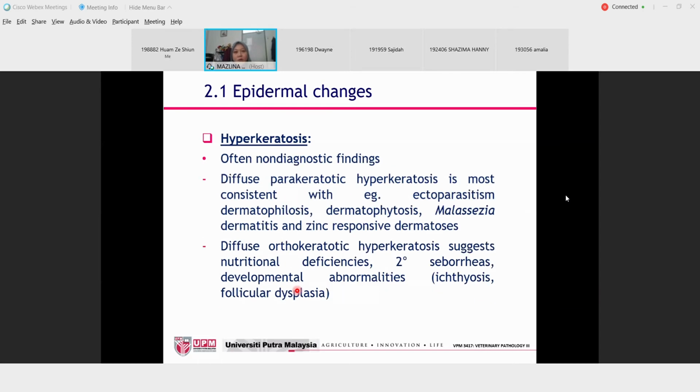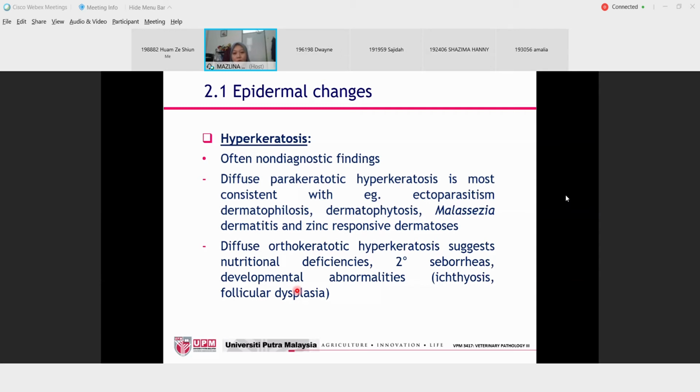Hyperkeratosis is a very, very common finding, so most of the time they say it is non-diagnostic. You can see diffuse parakeratotic hyperkeratosis most consistent in cases of ectoparasitism, dermatophilosis, dermatophytosis, even in cases of malassezia dermatitis, and zinc-responsive dermatosis.